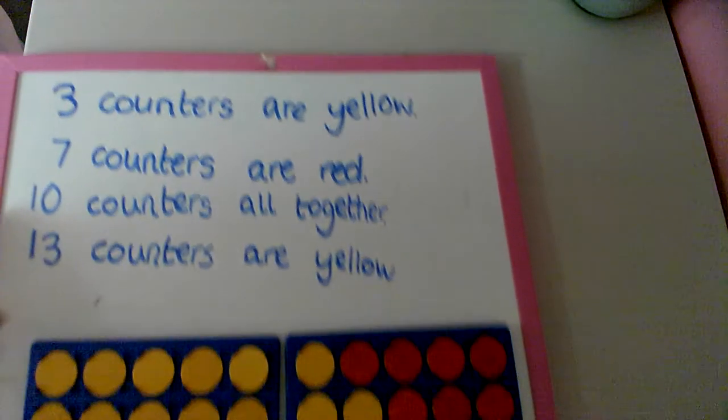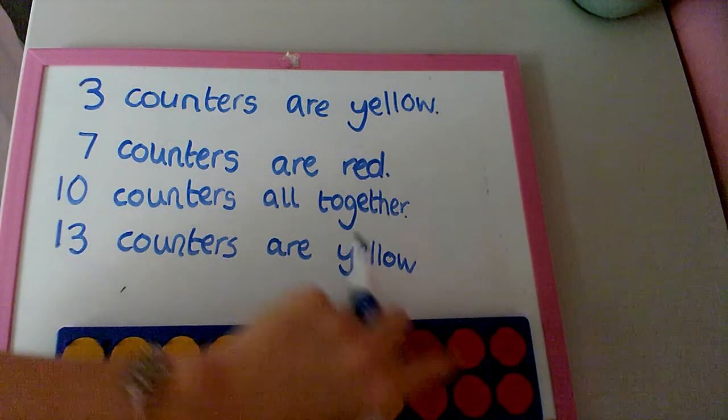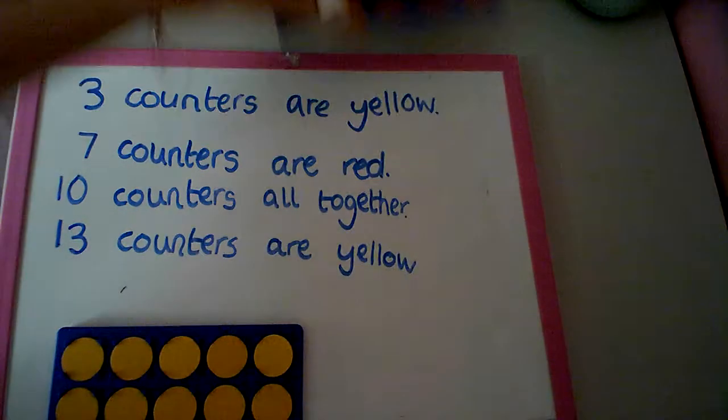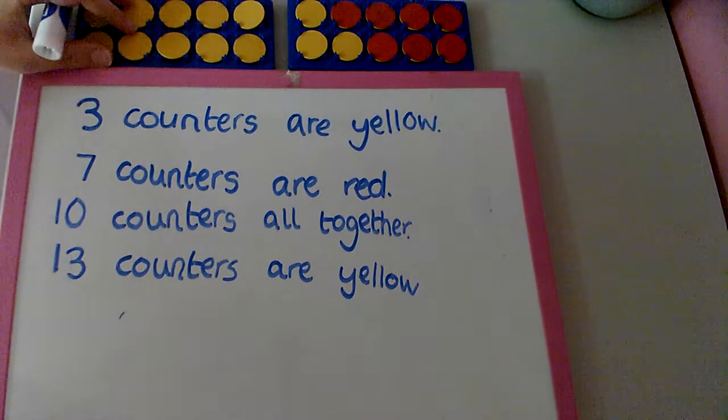And how many are red? 1, 2, 3, 4, 5, 6, 7. So we still have 7 counters as red.